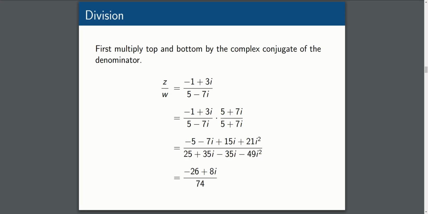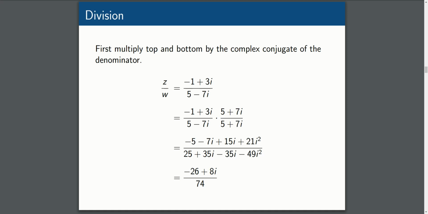The next thing I did, I carried out the multiplication of my two fractions, and then I simplified everything down. What I did on this step, that's what we talked about in our last lesson, multiplication of complex numbers. And notice what happened in the denominator. Whenever you multiply a number and its conjugate, the result is always purely real.